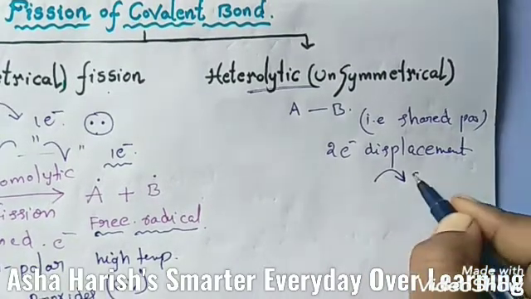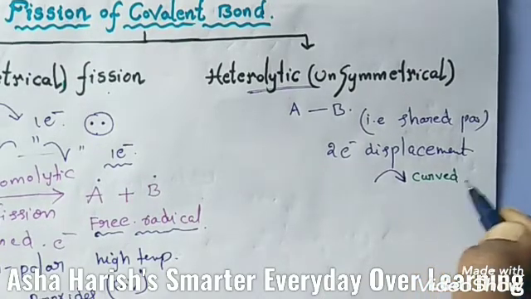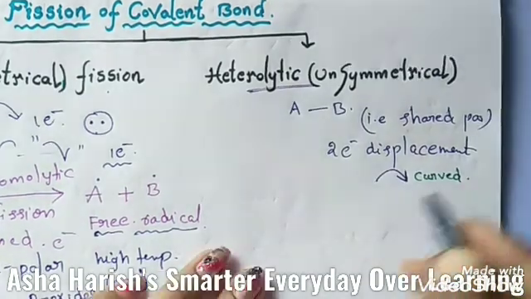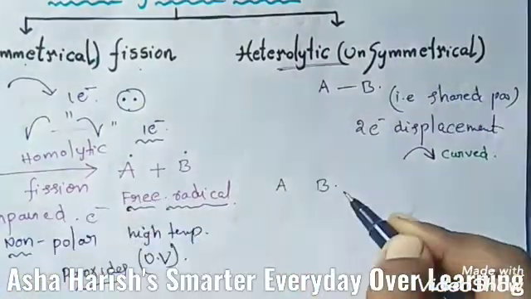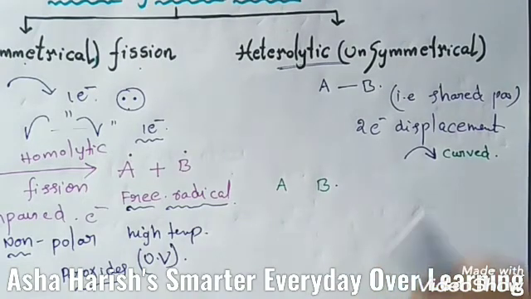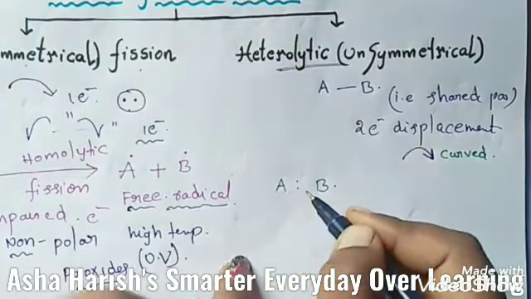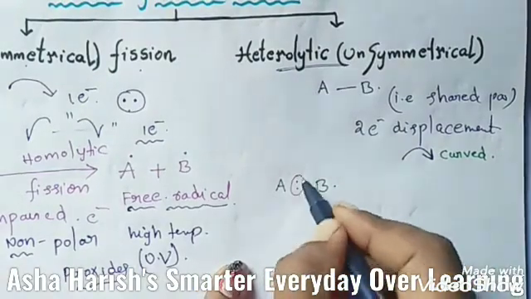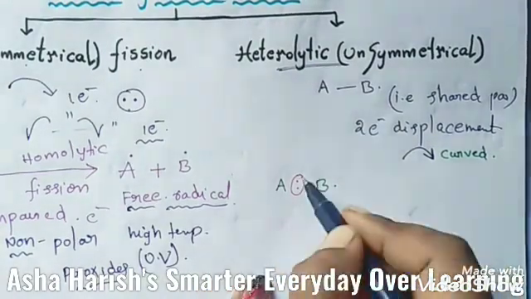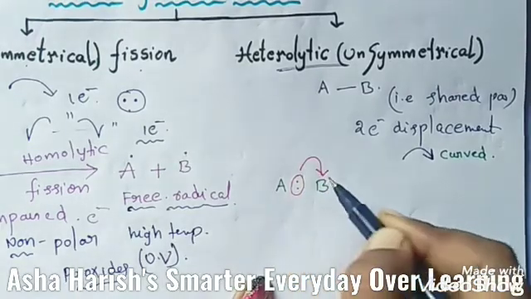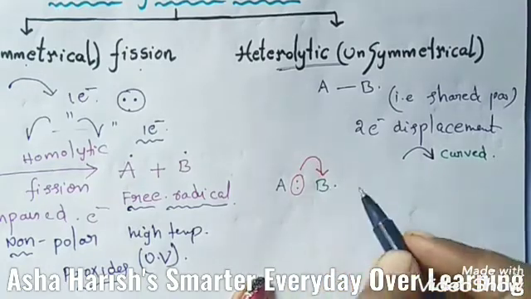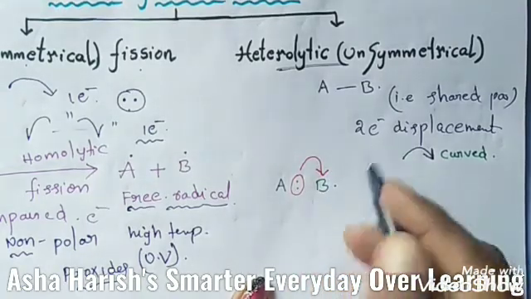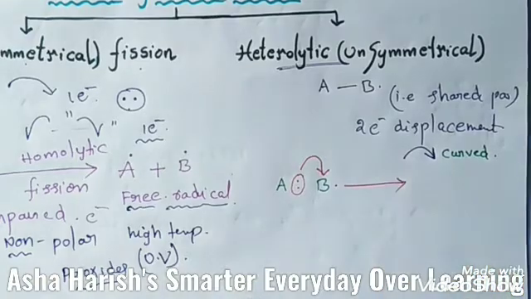This is known as a curved arrow. For example, if you see the atoms A and B, and here the shared pair of electrons in between these two atoms, you can denote it with this curved arrow. Then you can say that a two electron displacement takes place from these atoms.